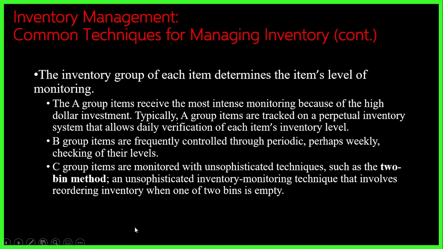You have two containers, pwedeng dalawang aisle. Siguro yung isa mas malaki, yung isa mas maliit, or siguro pareho lang sila ng size. Pag naubos na yung isa, that's the time you have to purchase. Para pag eksaktong naubos yung pangalawang bin, mapupuno na or darating na yung in-acquire natin. Okay? So, ayun po. So, that's your two-bin method.